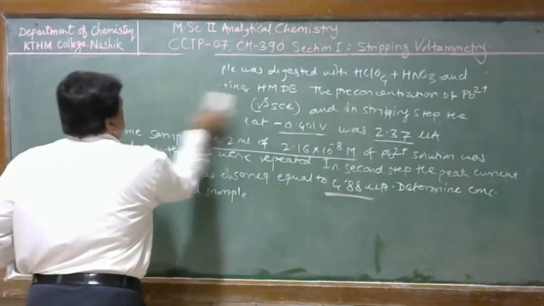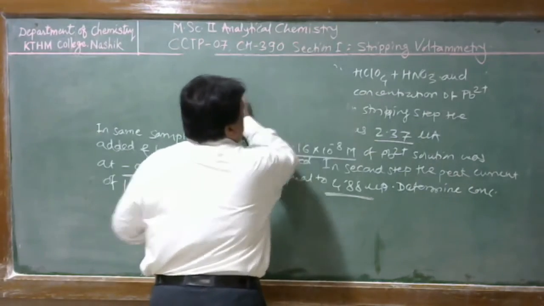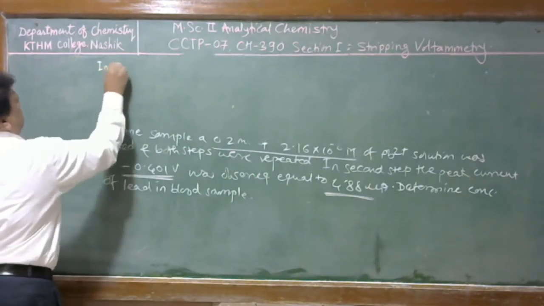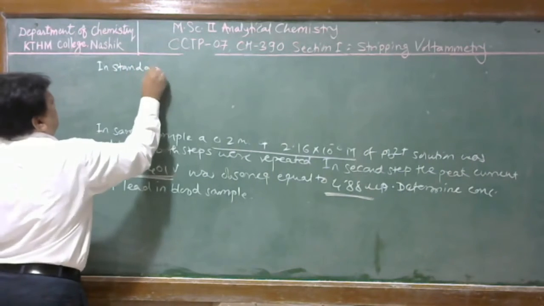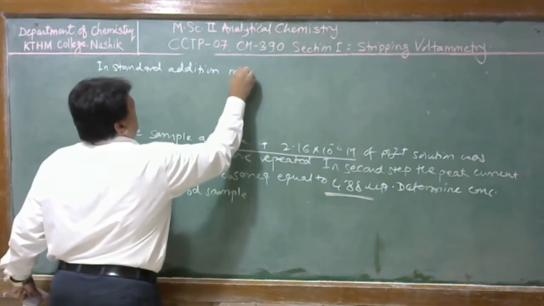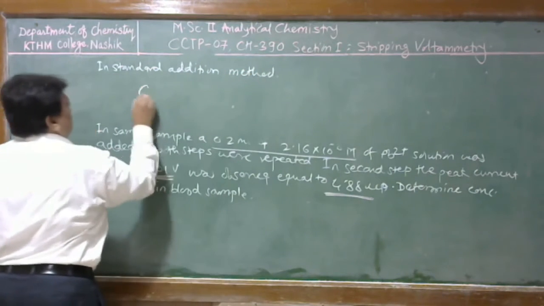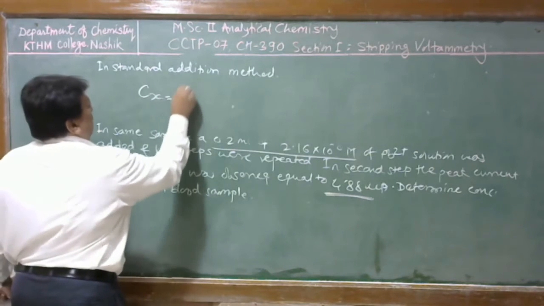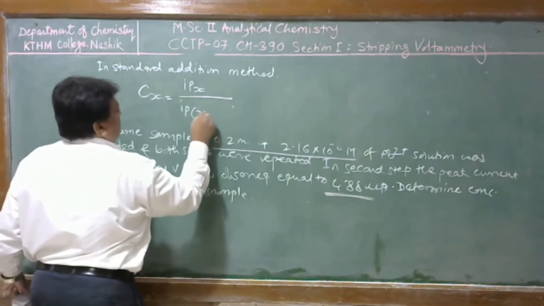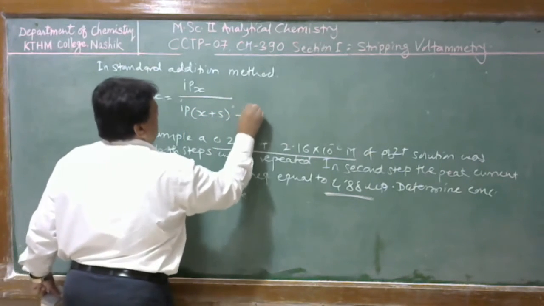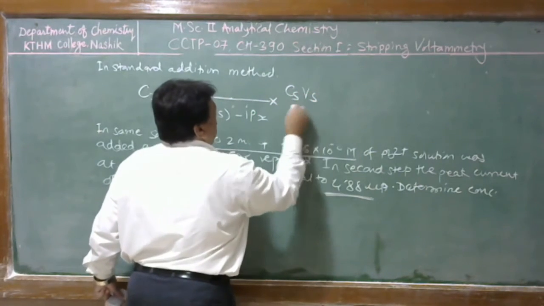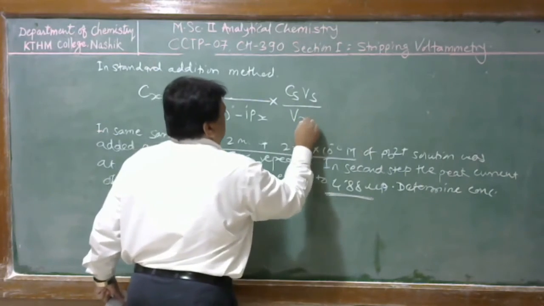Student, this problem is based on the standard addition method. Therefore, in the standard addition method, concentration of sample is equal to IP for sample, IPX plus S minus IPX, into concentration of standard into volume of standard upon volume of sample.